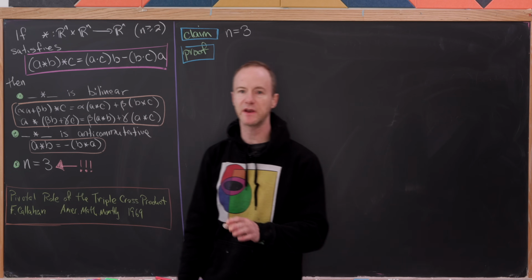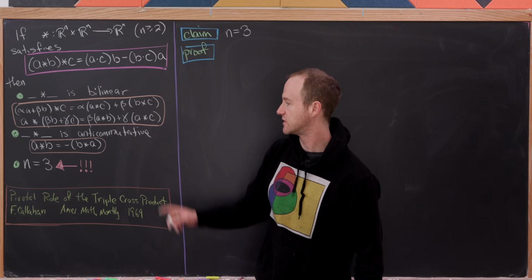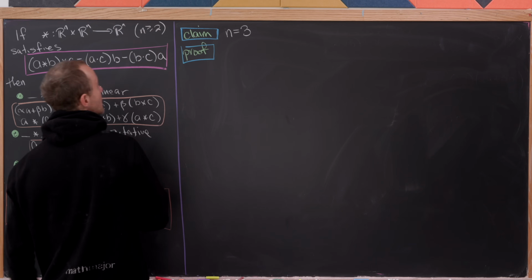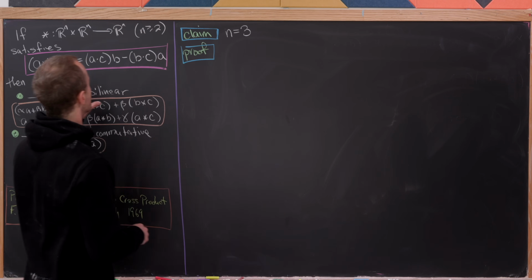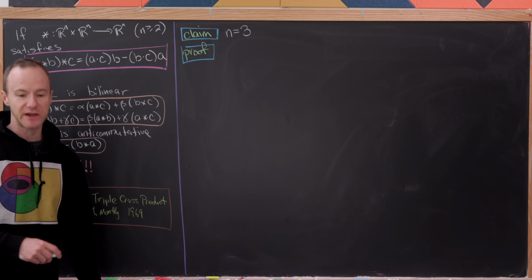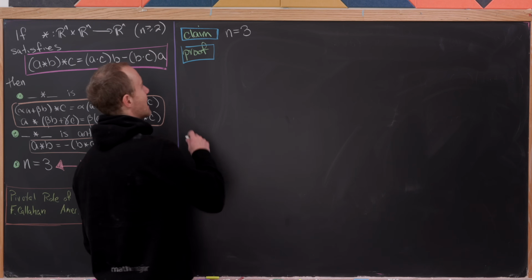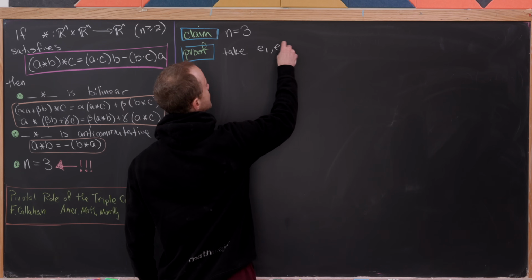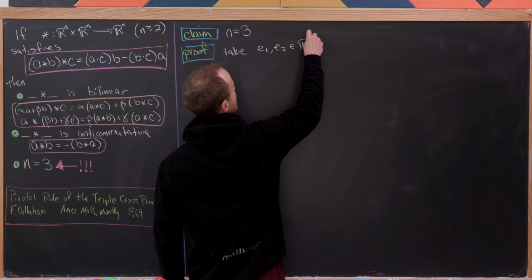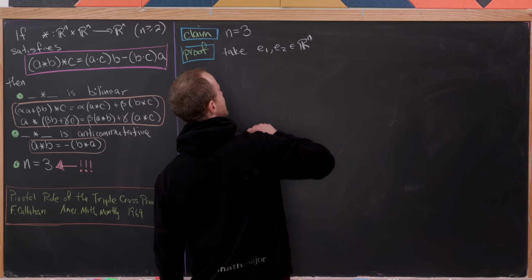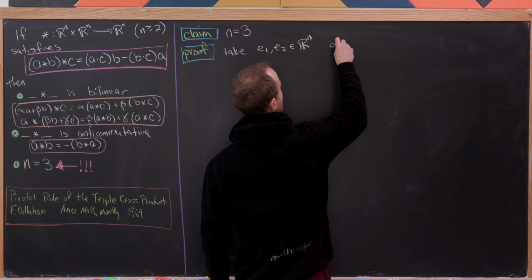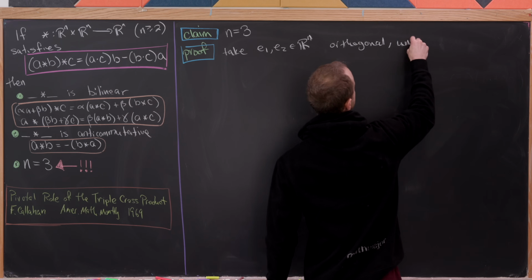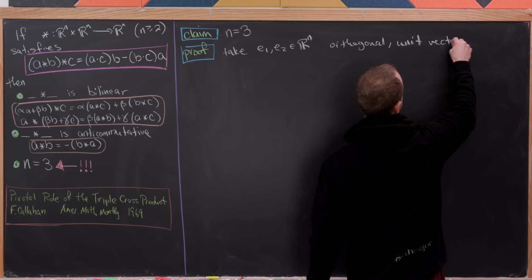So now we're going to jump into the most surprising fact here, and that is that the dimension must be equal to 3. Okay, so let's start with this. We know that the dimension is bigger than or equal to 2, so that means we can take two orthogonal unit vectors. So I'll call them E1 and E2 in Rn, and like I said, they're going to be orthogonal, and they're also going to be unit vectors.